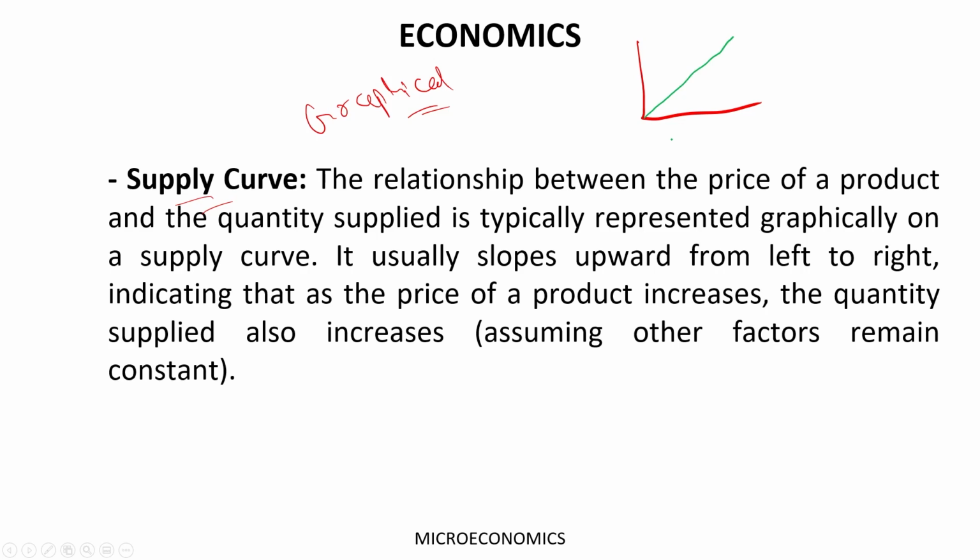It's always bottom to top. This side has the price of the commodity. This side has the quantity supplied. Alright. So now you can see as the price rises, the quantity of supply rises. Okay. So this is the supply curve.